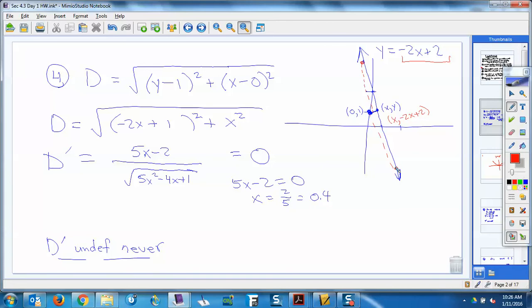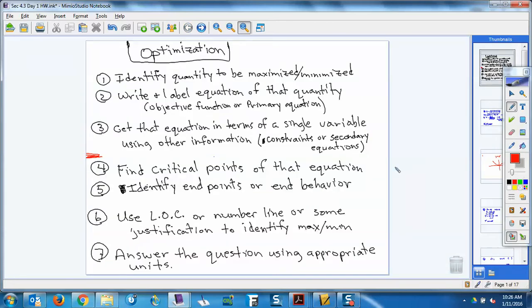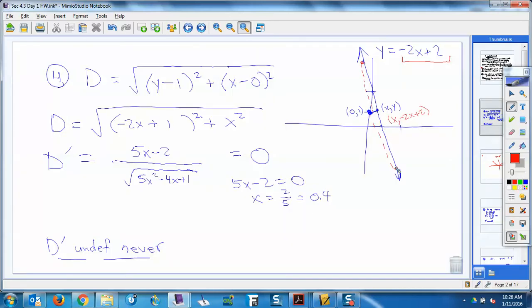Okay, so back here on my notes, number 6 says, use list of candidates or number line or some justification to identify a max or a min. So if you've drawn a picture, you could actually not do a number line, not do a list of candidates here. You could simply say the only candidate is when X equals 0.4.